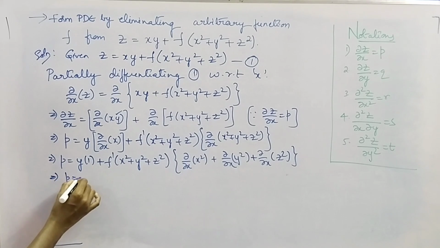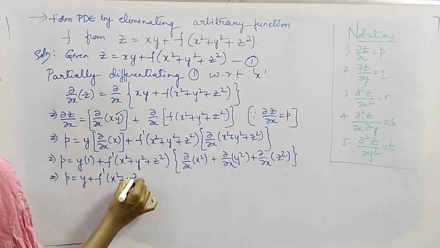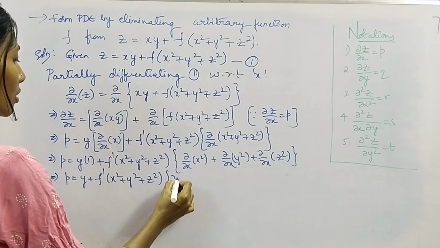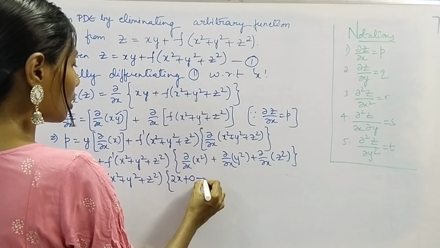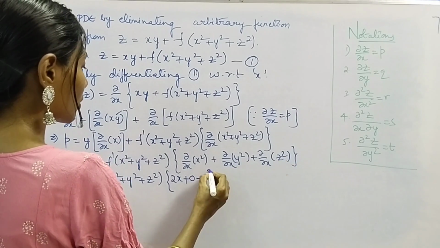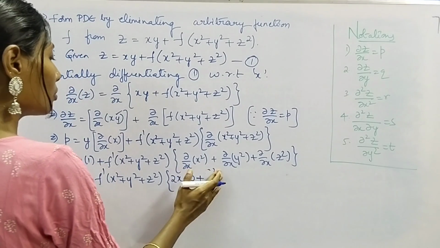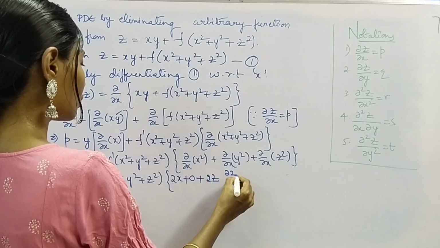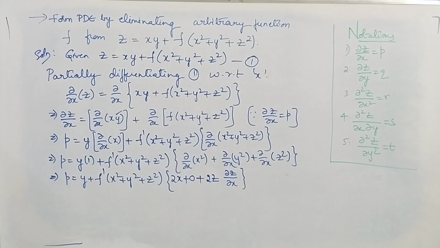Which gives us p equal to y into 1, plus f dash of x square plus y square plus z square into the partial derivative of x square with respect to x, which is 2x, plus the partial derivative of a constant with respect to x, which is 0, plus the partial derivative of z square with respect to x, which is 2z into dou z by dou x.